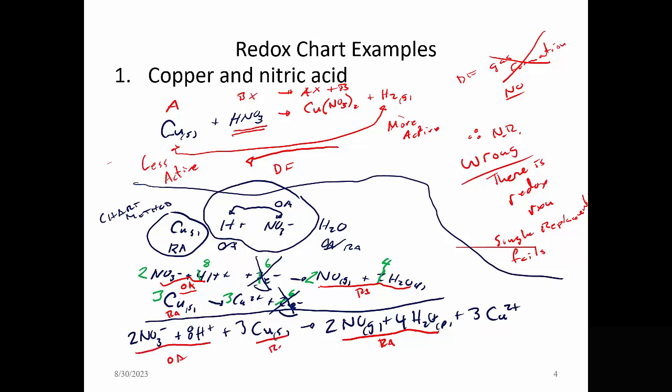Copper metal, that's my reducing agent. And then copper 2+ ions, this will be the conjugate oxidizing agent. We have pairs. So OA, RA, RA, OA. And then what we do is we compare what's the better oxidizer, nitrate and H+ or copper 2+ ions?